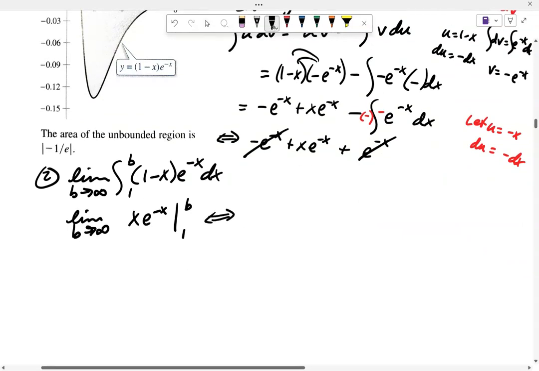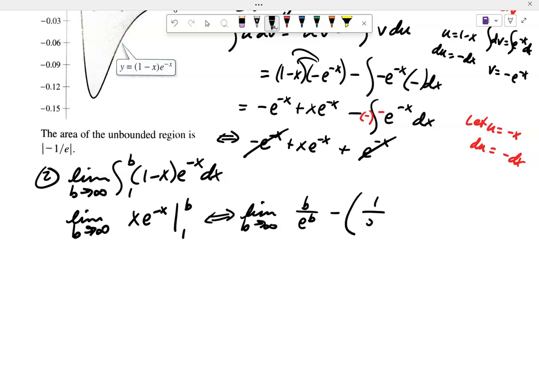So we've got limit as b goes to infinity of b over e to the b minus 1 over e to the 1. And so we've got limit b goes to infinity of b over e to the b minus, I'm going to write this separately, 1 over e.